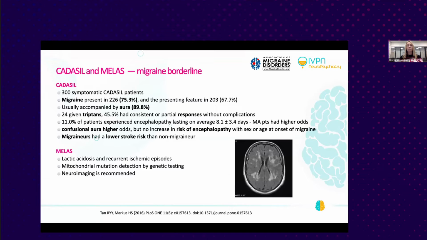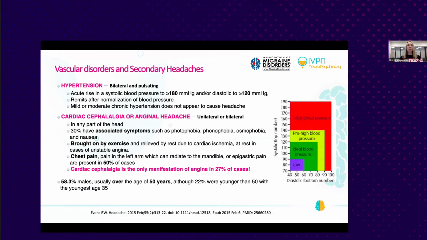Here there's some information on CADASIL as well, but you should concentrate on MELAS because that's the second borderline syndrome, which means that it's a mitochondrial disease. It's of genetic origin, but it's coexistent with lactic acidosis and also migraine. And it's the second migraine borderline syndrome that we will talk about today.